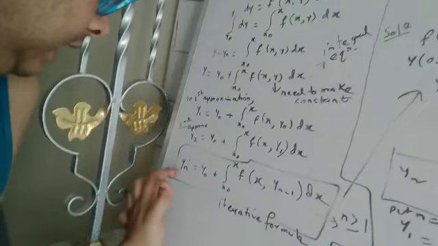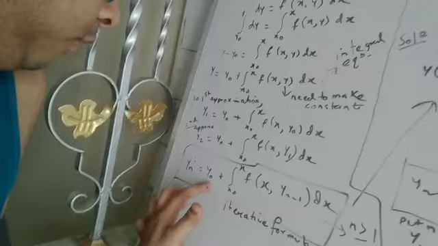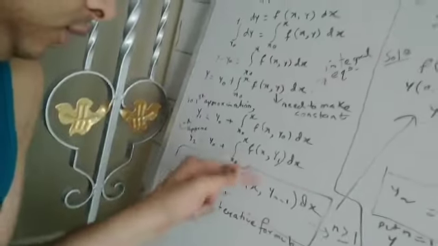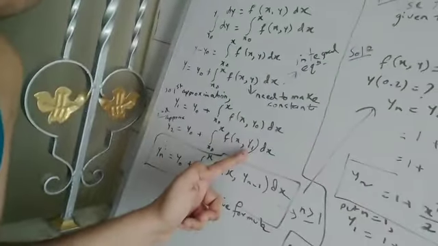So generally I can write the nth approximation yn is equal to y0 plus the integration from x0 to x of f(x, yn minus 1) dx. See here, when it is 1 it is y0, when it is 2 it is y1. So if it is n, then you write yn minus 1.